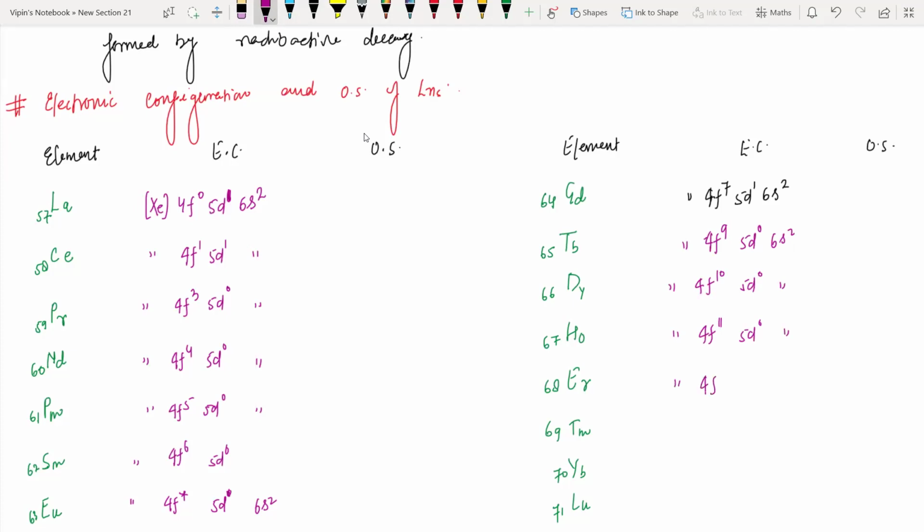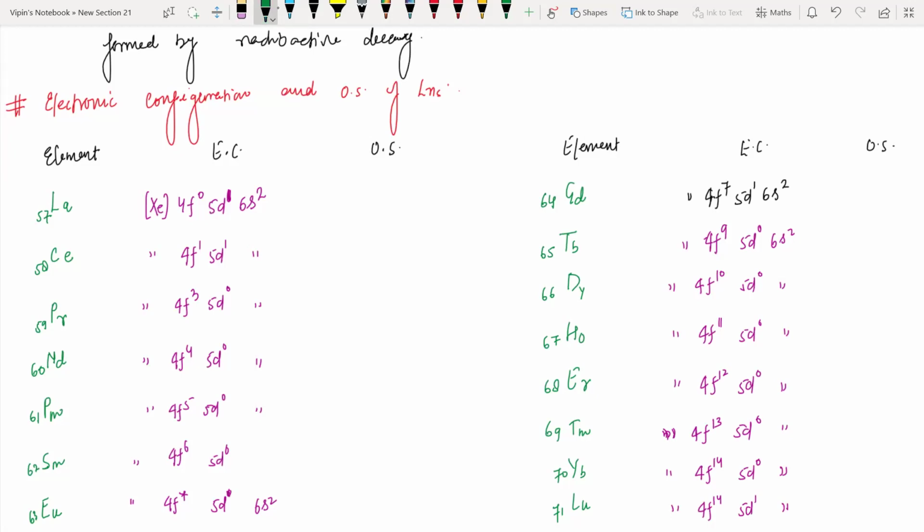Now the 4f12 5d0 6s2, 4f13, 5d0 6s2, 4f14 5d0 6s2. Here 4f14 5d1 6s2. Okay, this is the configuration.